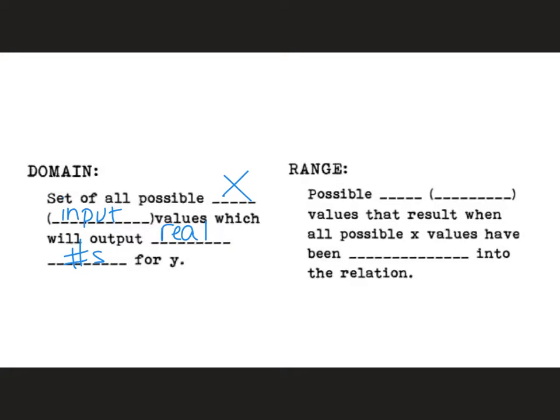When we talk about range, range are all the possible y values or output values that result when all possible x values have been input. Or we'll say put in, because that makes more sense. So again, domain are all the x's, range are all the y's.